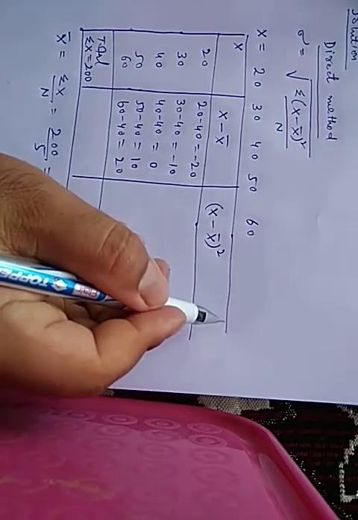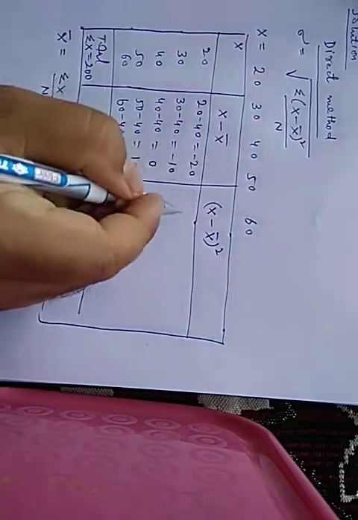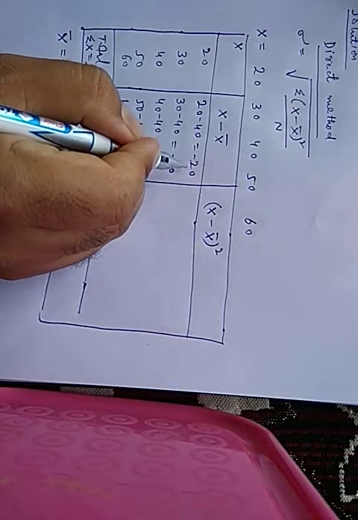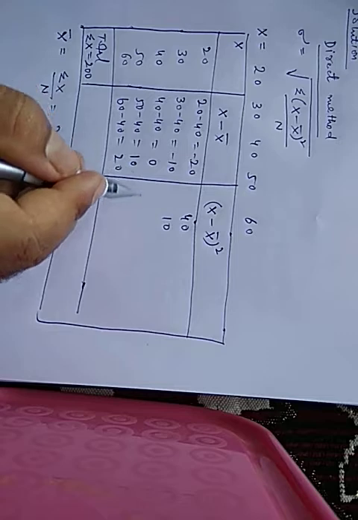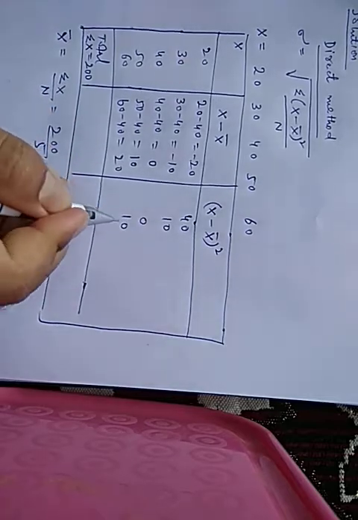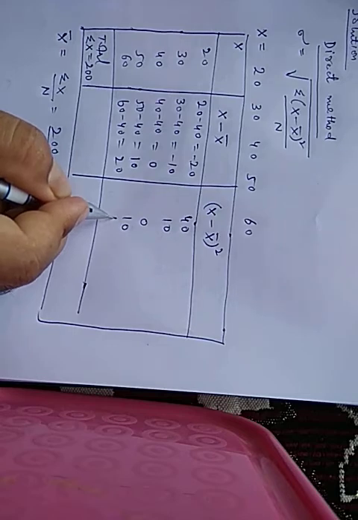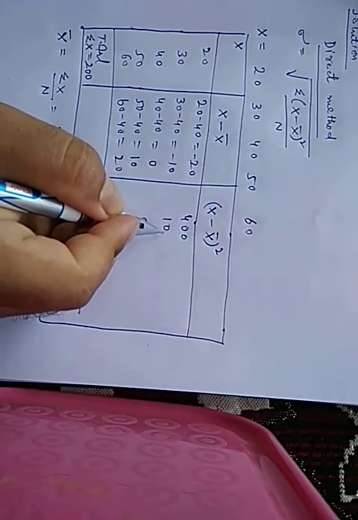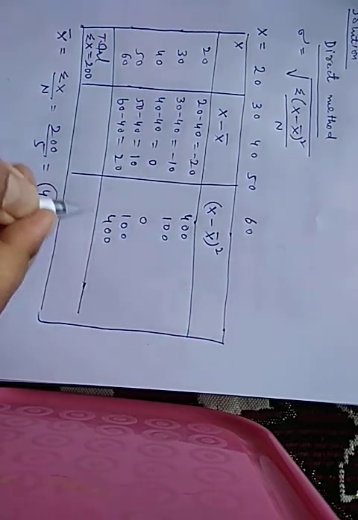It will be equal to minus 20 whole square of minus 20. It will be equal to 400, 100, 0, 100, 400.